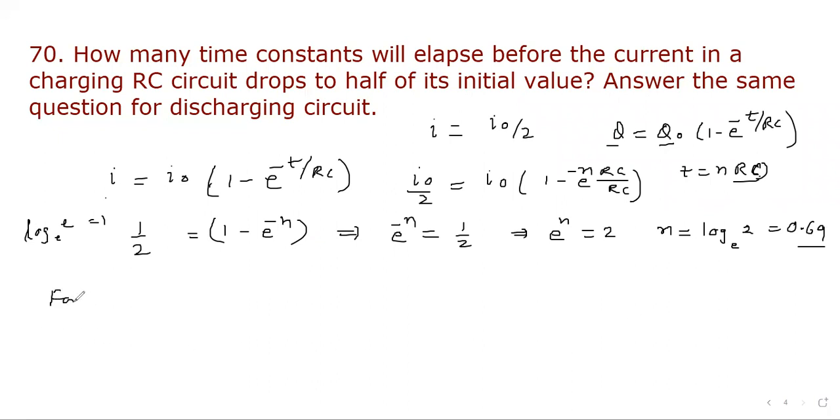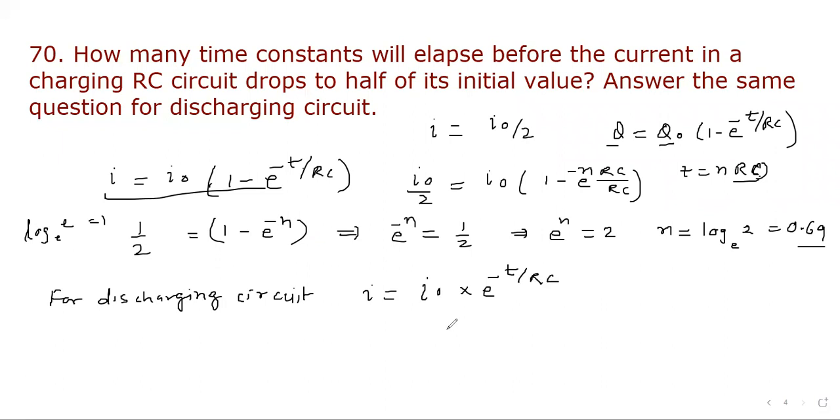Now, for the discharging circuit, this relation will change to I equal to I0 times e to the power minus t upon RC. And other constants will be removed from the sides. So now, given I is I0 divided by 2, I0 divided by 2 equal to I0 e to the power minus t upon RC.